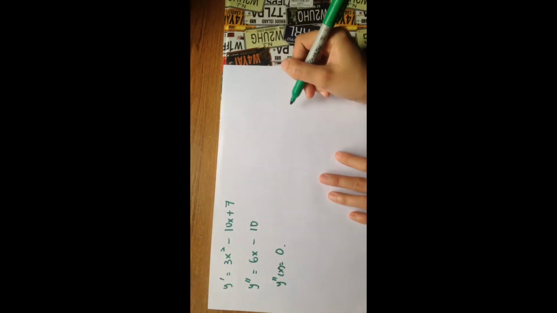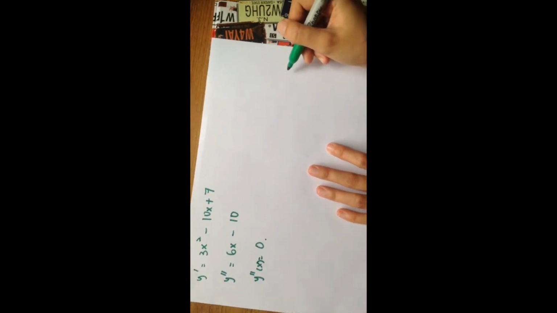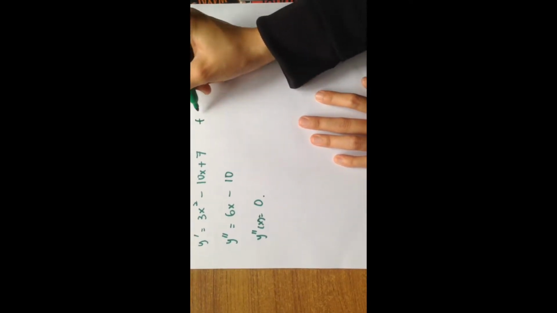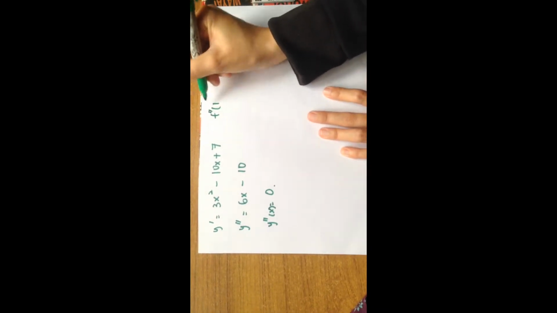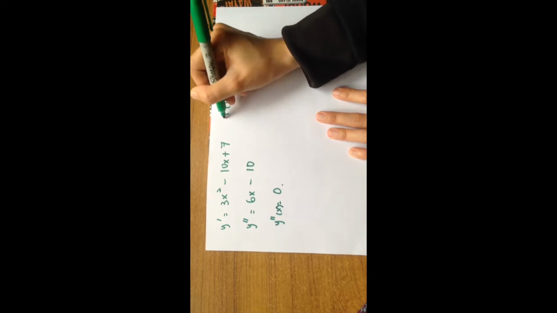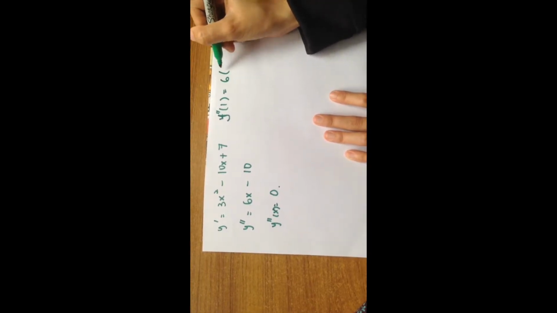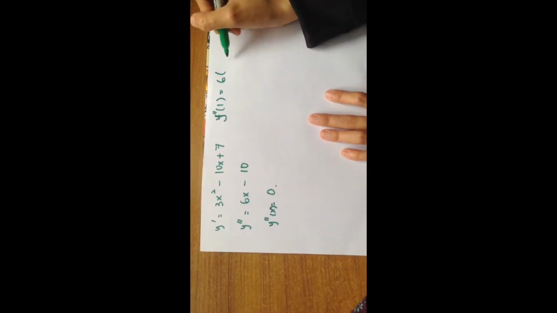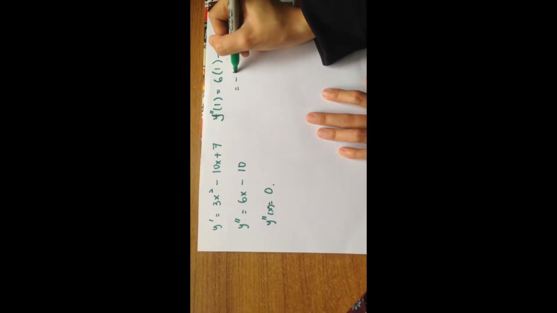To check whether the point is curved downward or upward, we substitute the critical point into the second derivative, 6x minus 10. At x equal to 1, we get negative 4.